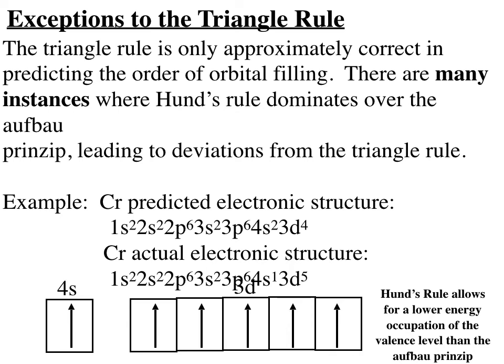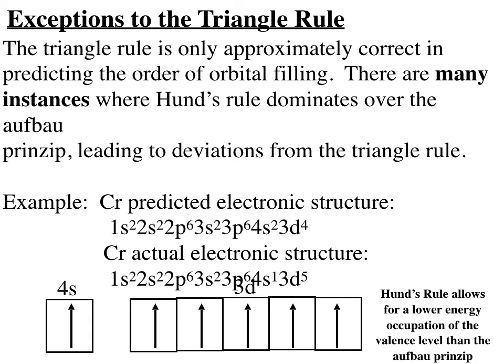form before you begin to doubly occupy. Because of the closeness of energy between the 4s and the 3d, it's able to promote one of the 4s electrons into a 3d instead of spinning it opposite as it would have to do in the 4s.